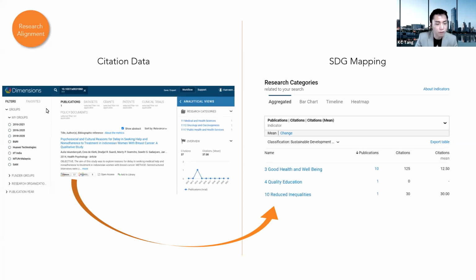What are the psychological factors involved? The direct SDG that applies would be good health and well-being because it's related to breast cancer and treatment. But on the flip side, someone from quality education and reduced inequalities also cited this particular paper.